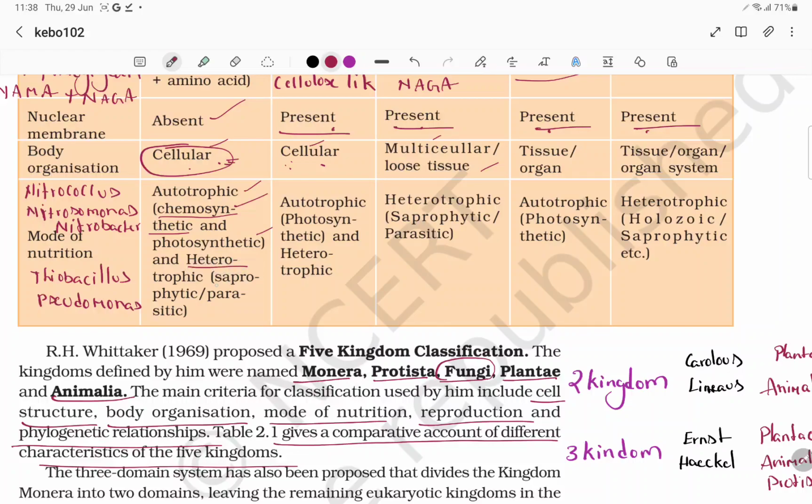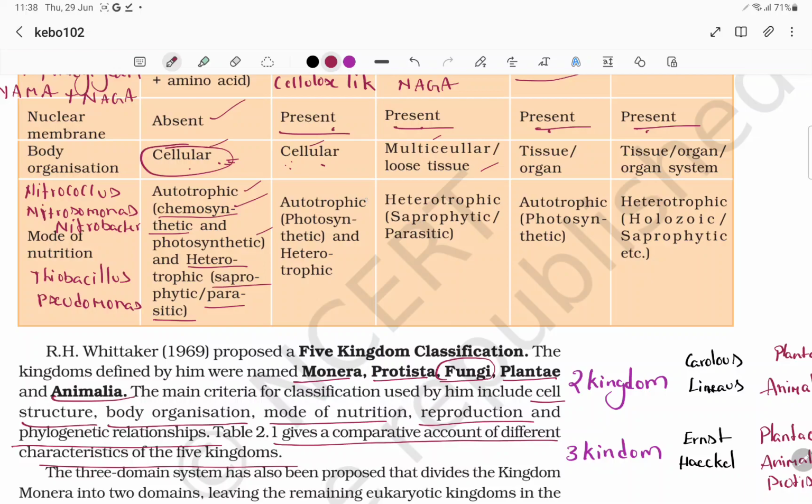We all know they are saprophytic as well as parasitic, disease causing. The main disease causing bacteria are Streptococcus pneumoniae, Haemophilus influenzae, Mycobacterium leprae, Mycobacterium tuberculosis, and Staphylococcus bacteria, all these things.